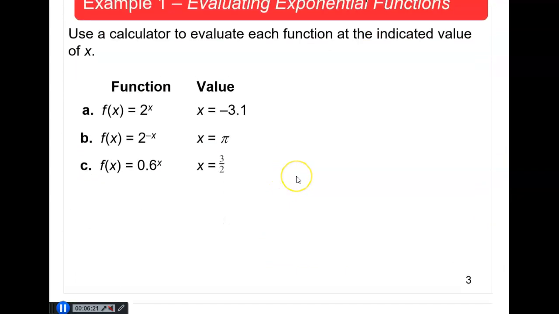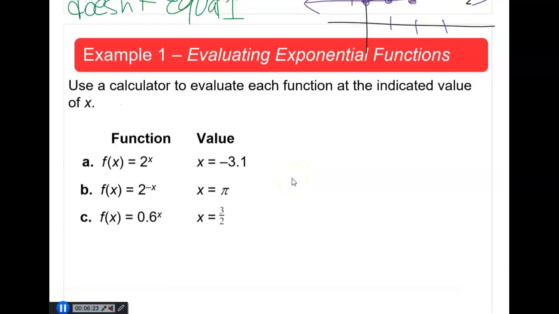So what we're going to do now, and I'm just going to write here how you perhaps will enter it on your calculator. If you have to evaluate something, like this function 2 to the power x, and they're giving us an x value here, negative 3.1, what that means is that you make your exponent a negative 3.1.